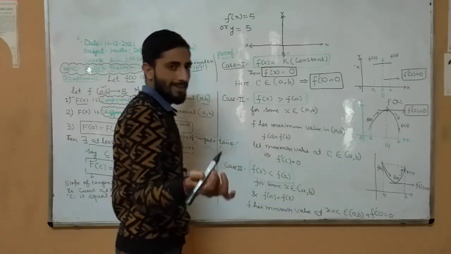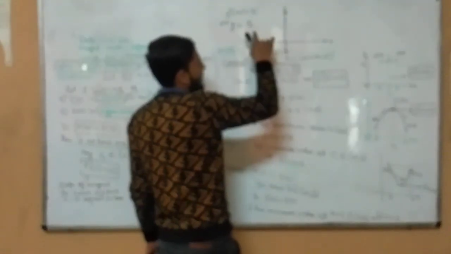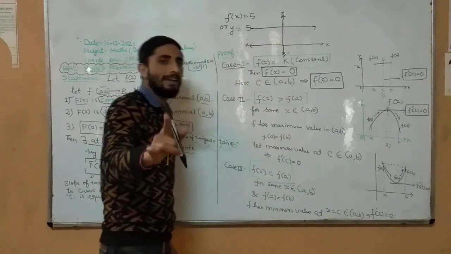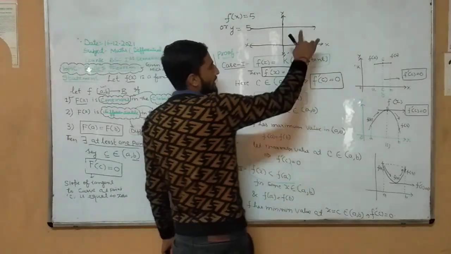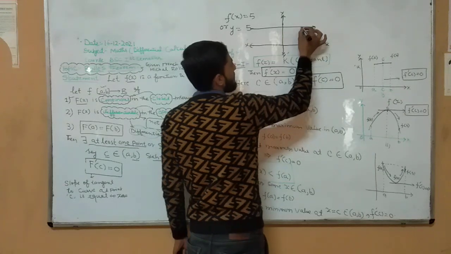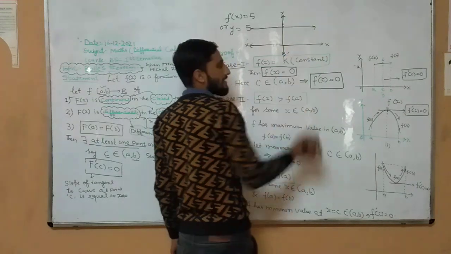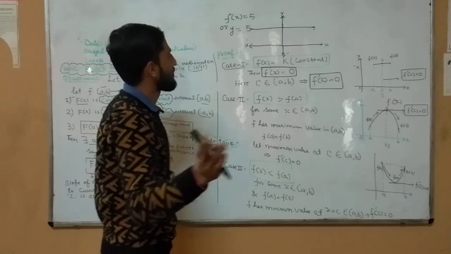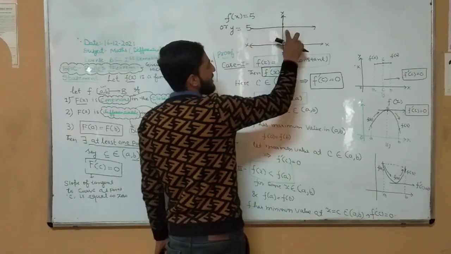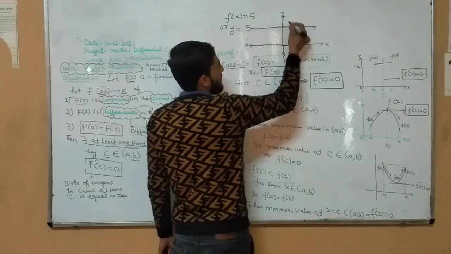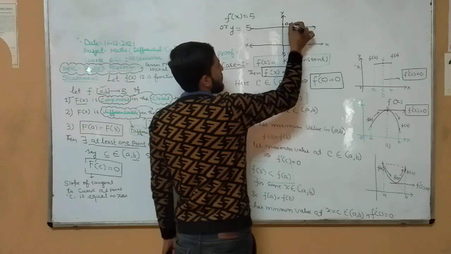The graph of this constant function gives us a line parallel to the x-axis. If you know coordinate geometry, then we can easily find the coordinates of this point: (0, 5).